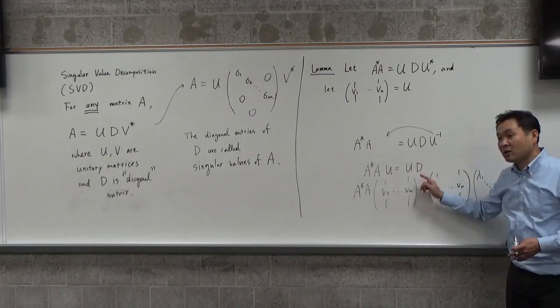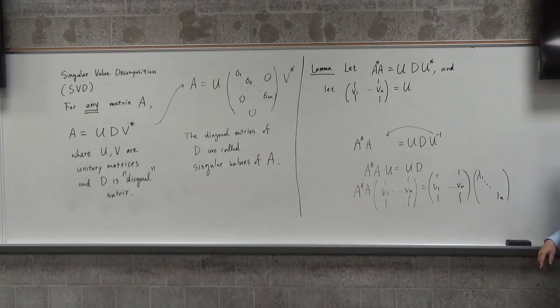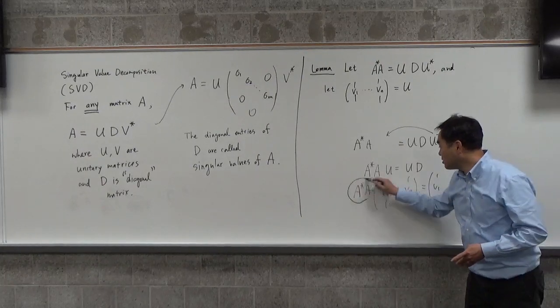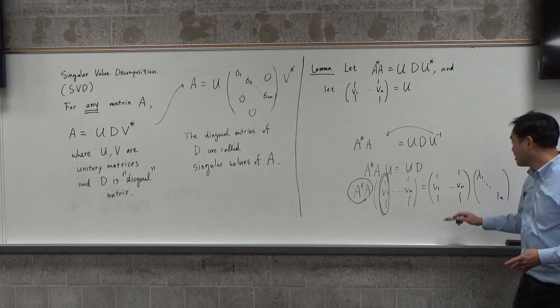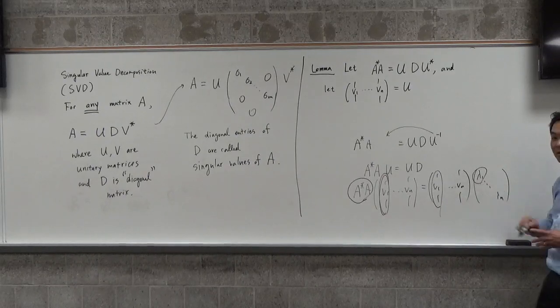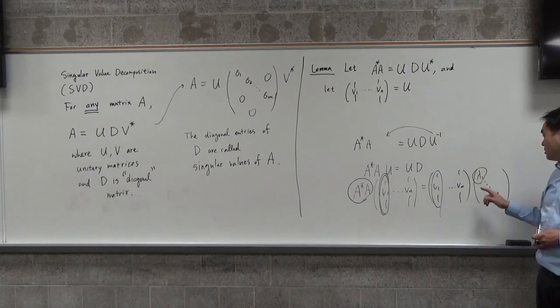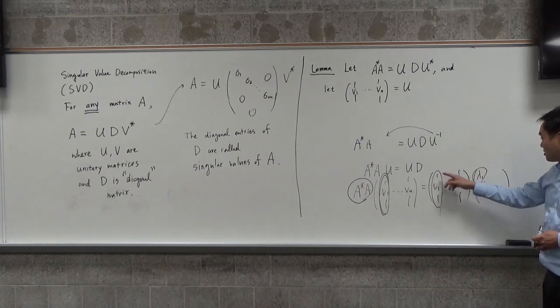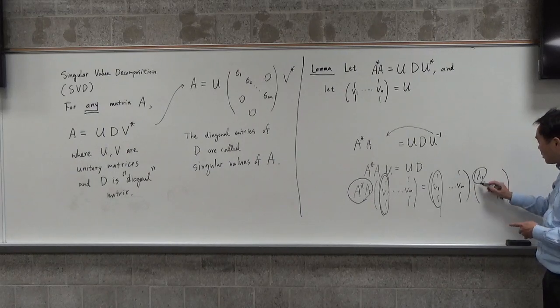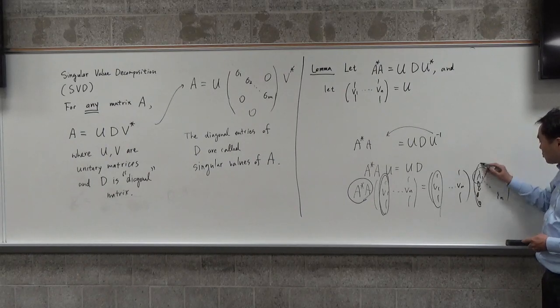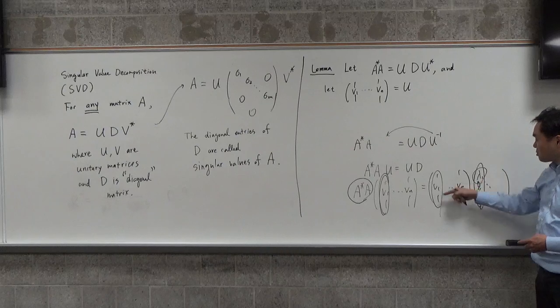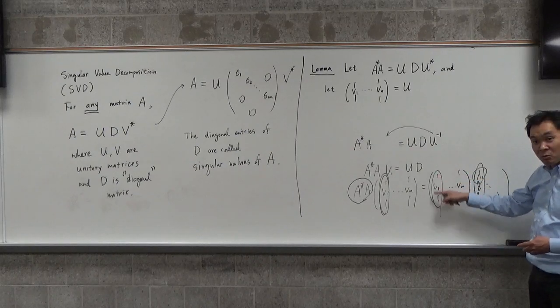Each of these vectors are? Look, this times this gives you this times this, right? What does that mean? If you multiply this matrix out, with lambda 1 and then 0s here, when this multiplies, it only multiplies to the first one, right?